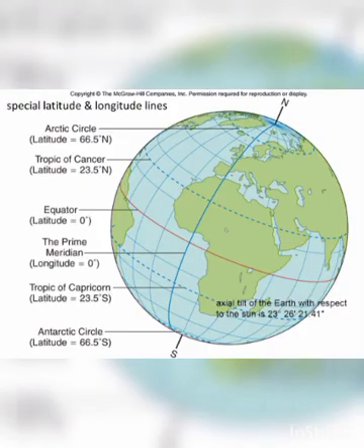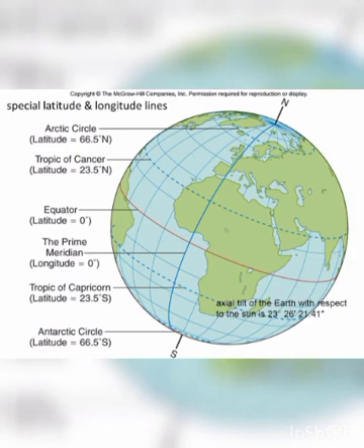Latitudes are drawn parallel to the equator. The two tropics and the Arctic and Antarctic circles are special latitudes: the Tropic of Cancer, the Tropic of Capricorn, and the Arctic and Antarctic circles.